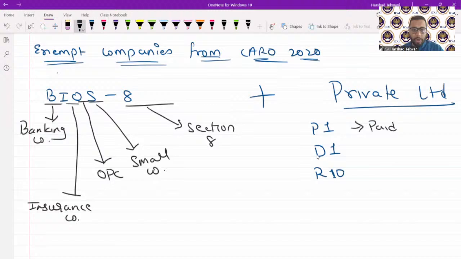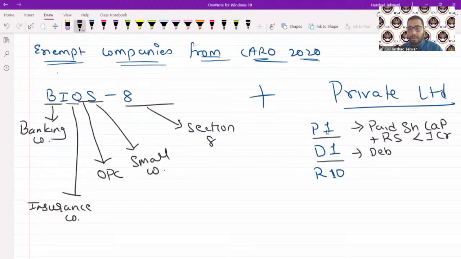Which are these conditions? Paid up share capital plus reserves and surplus less than rupees 1 crore. That is P1. D1: borrowings from banks and financial institutions should be less than 1 crore.